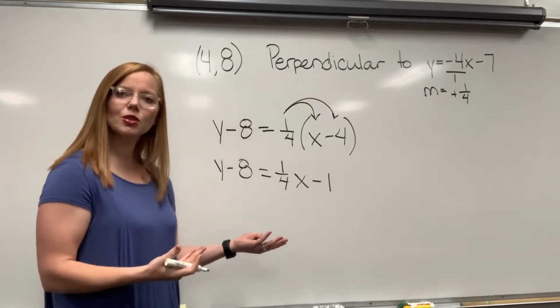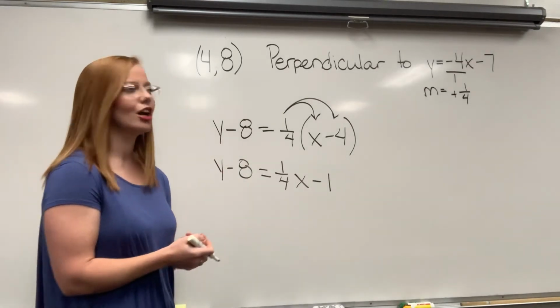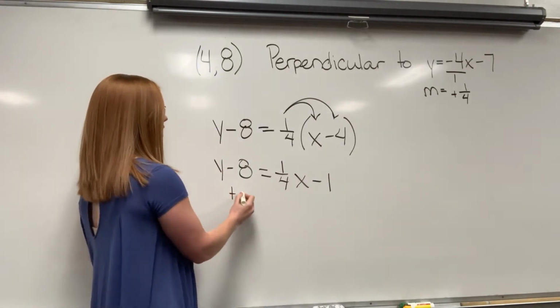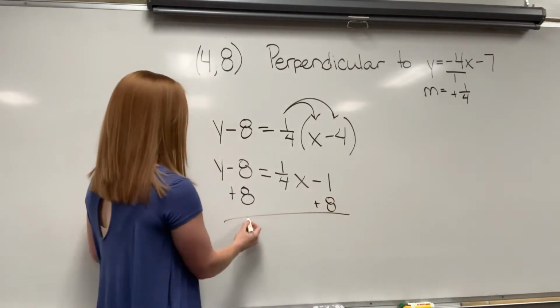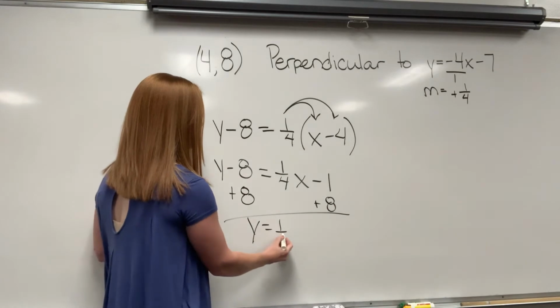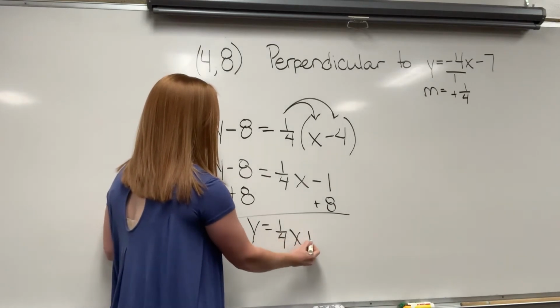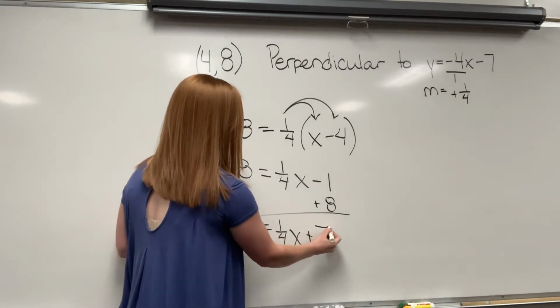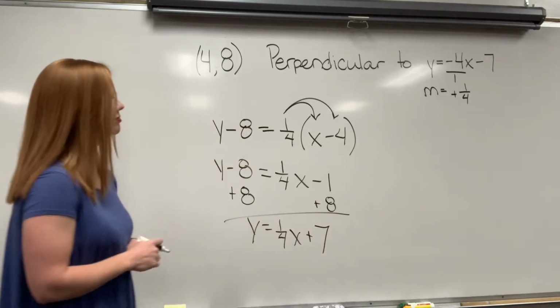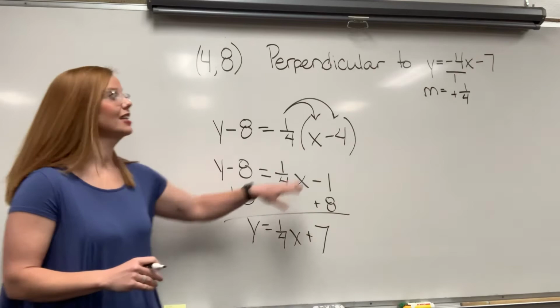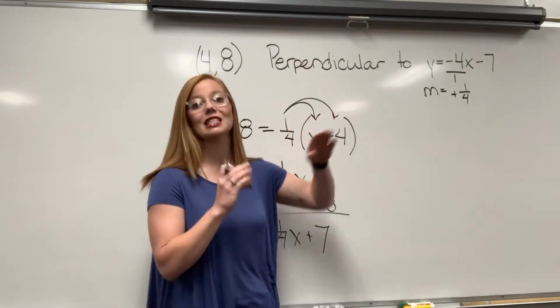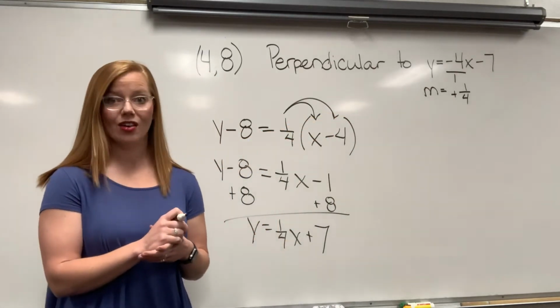If you're not comfortable doing that in your head, feel free to use your calculator, not a big deal. Opposite operations to isolate your y, and we get y equals 1/4 x plus 7. And that would be a perpendicular line to the one that they gave us. It means they would cross to make a 90-degree angle.